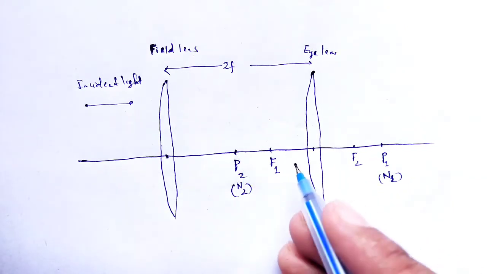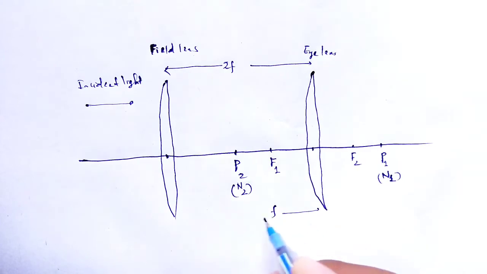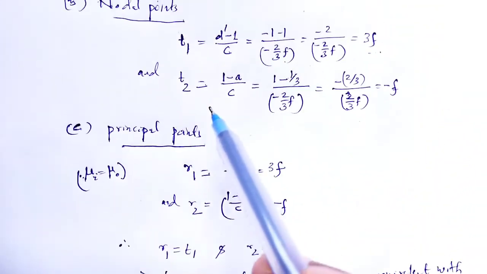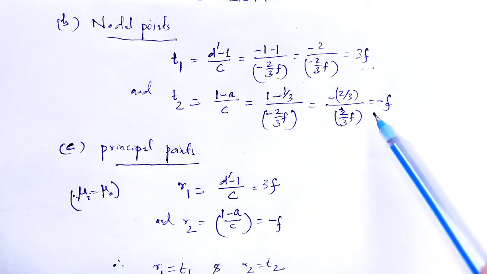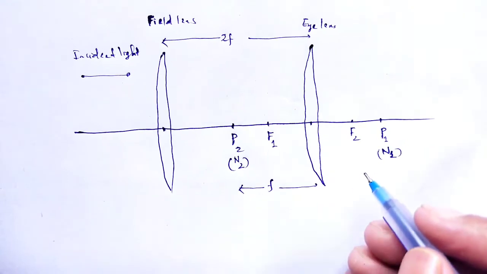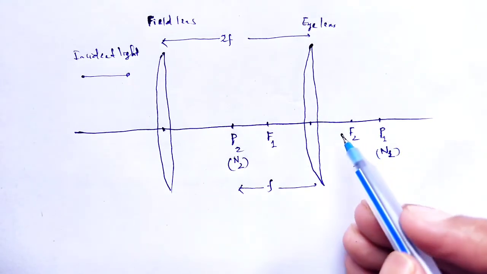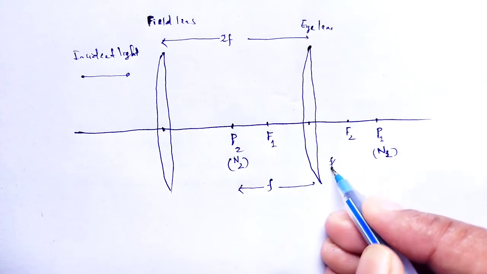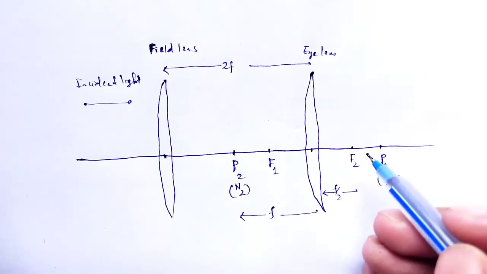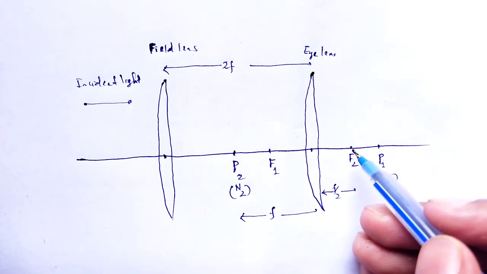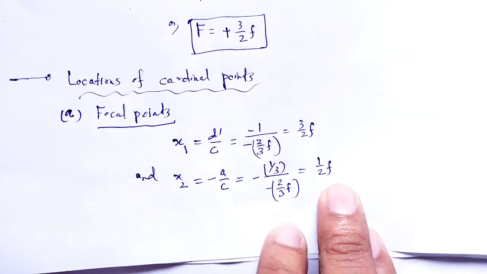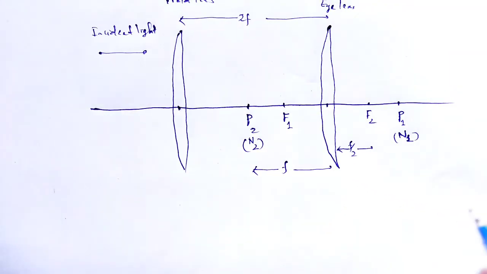This P2 is at a distance of f, as we say here, that is P2. The distance here is f by 2, that is the second focal point, 1 by 2, 3 by 2 f, so 3 by 2 f.